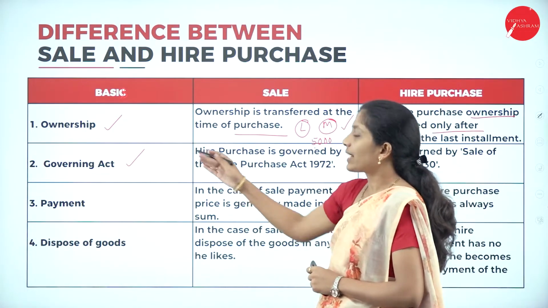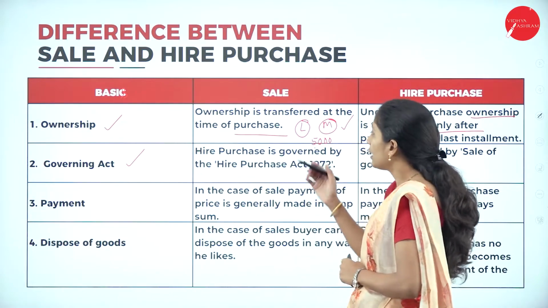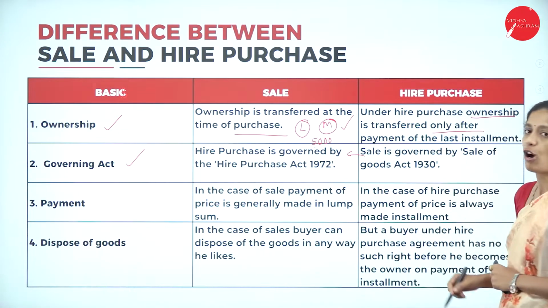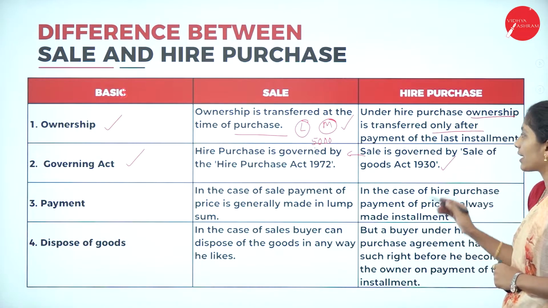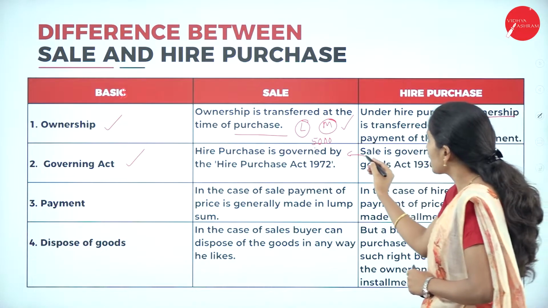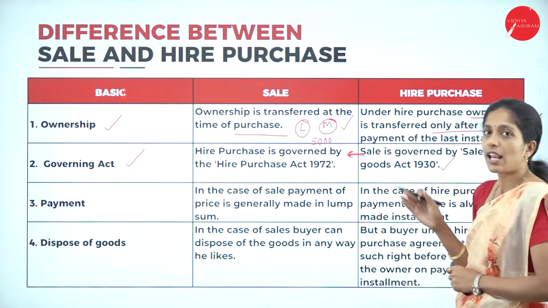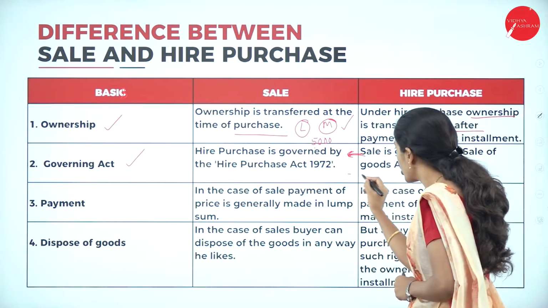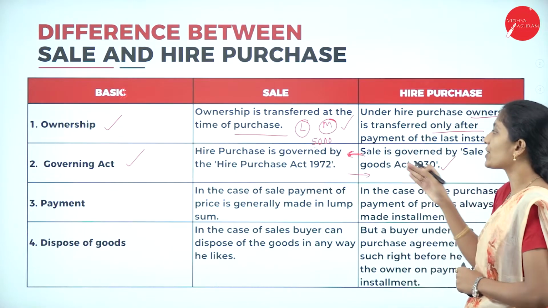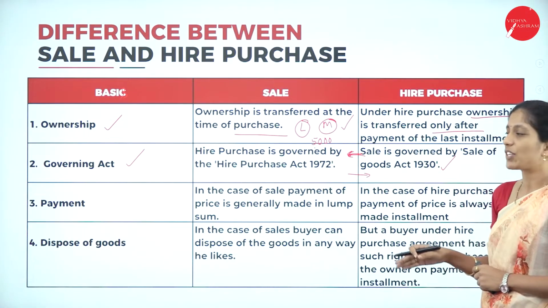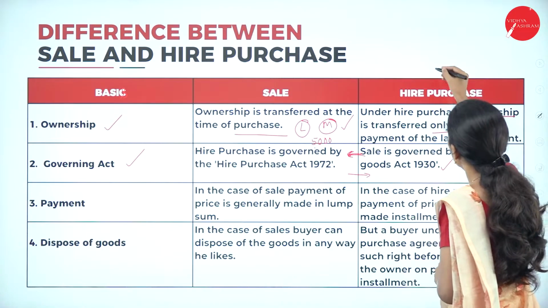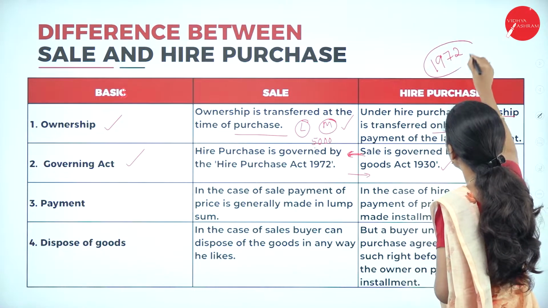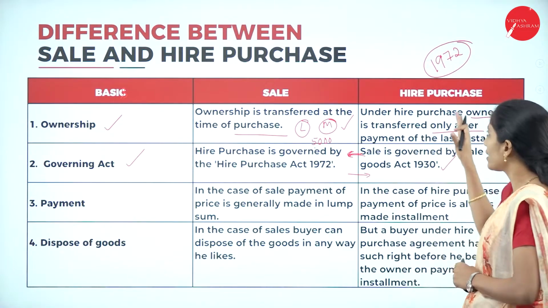And the second point is the governing act. Now this is reverse. Sale is governed by the Sale of Goods Act 1930, whereas hire purchase, so this should come here, is governed by the Hire Purchase Act of 1972.